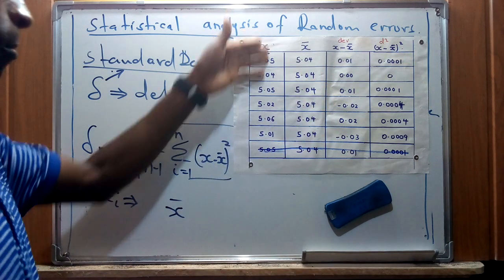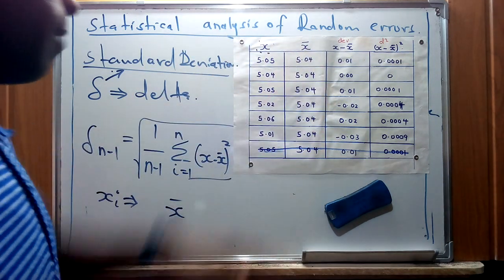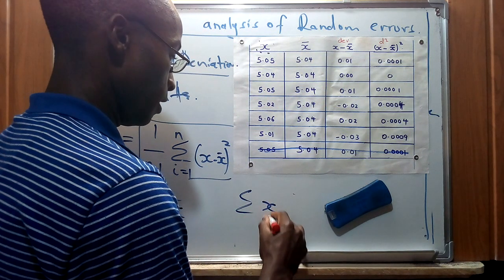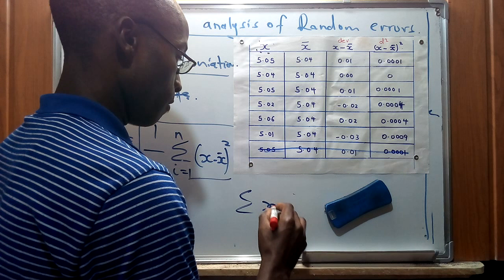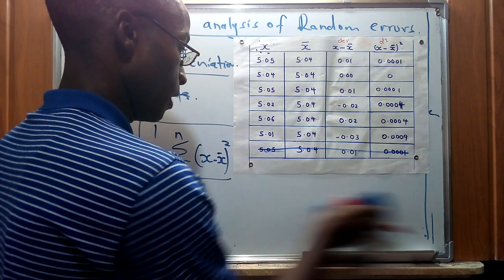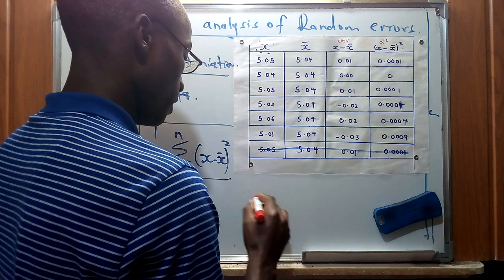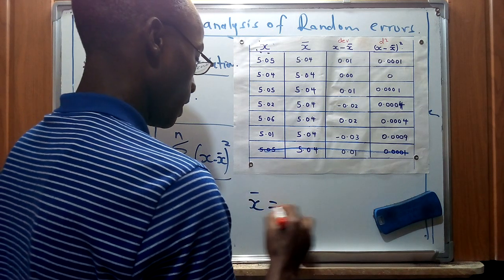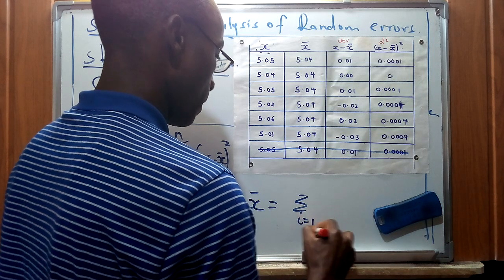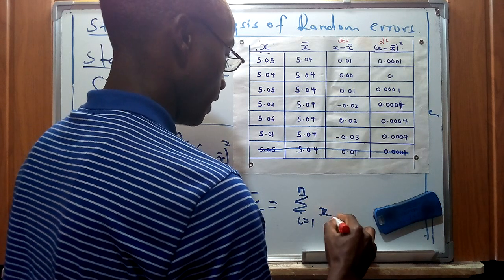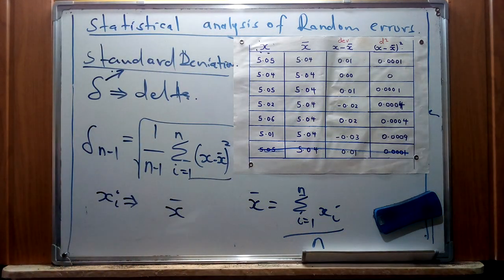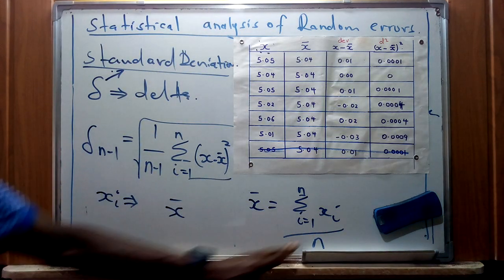So the first thing, from the trials, you find the average by finding the summation over x from the initial, of course, to n number of x. We talked about the concept of the mean. So the mean is going to be the summation from i=1 to n of the x values divided by the total number of values of xi.